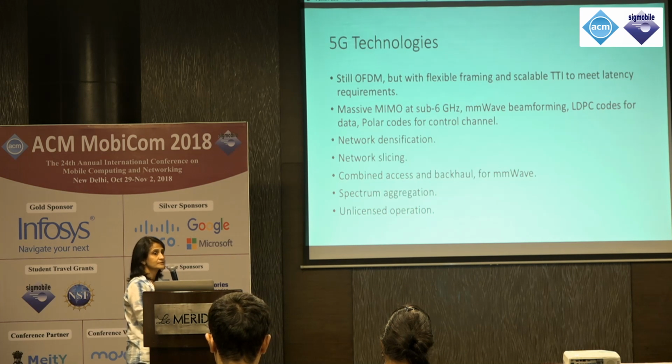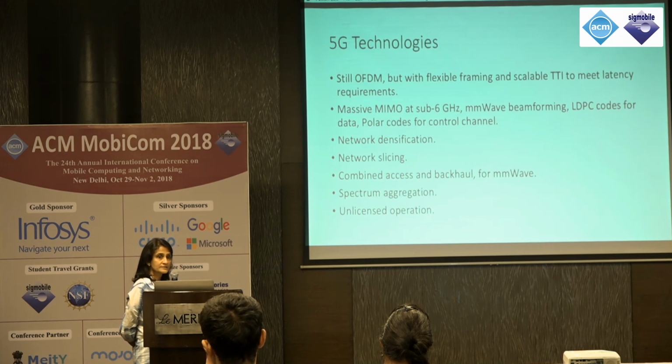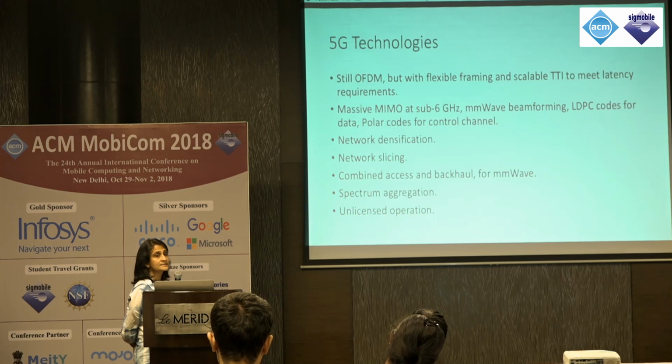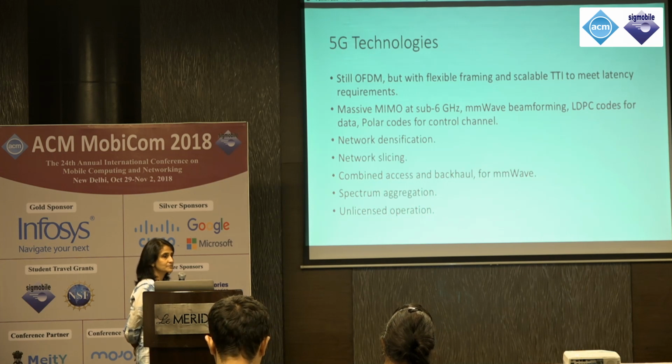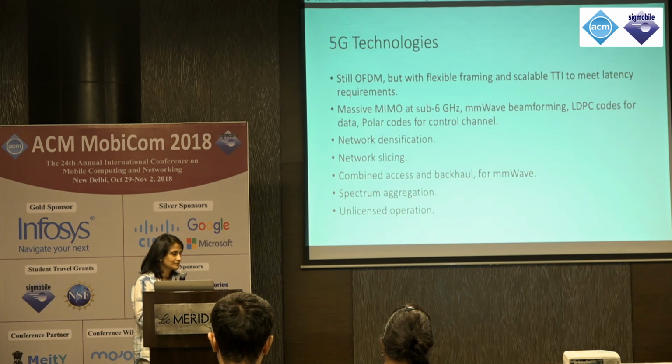So what are some of the technologies that have actually gone into 5G? There was a lot of debate, a lot of research, a lot of evaluations on alternative waveforms instead of OFDM. There was FBMC, there was generalized OFDM, a very, very active research area for a while. But at the end of the day, it's a trade-off.